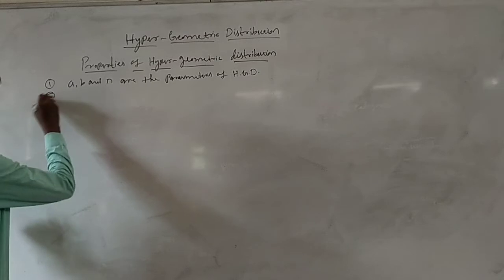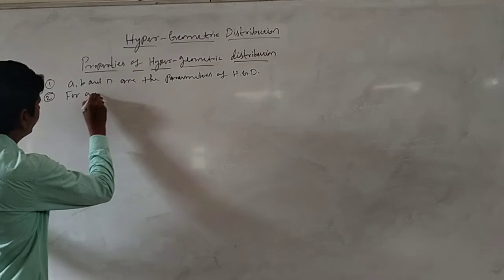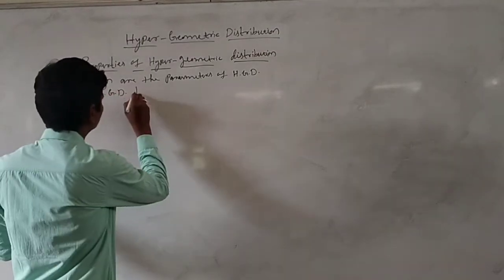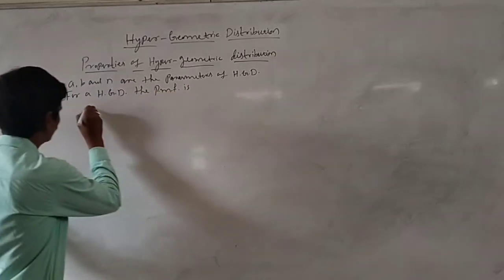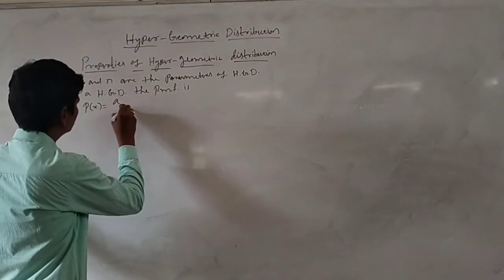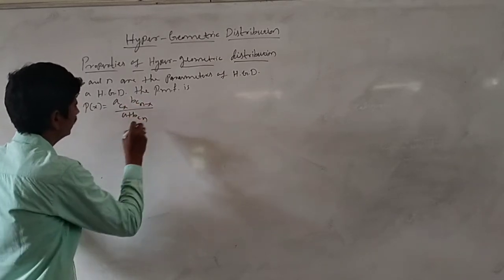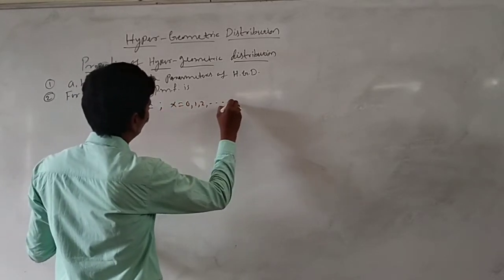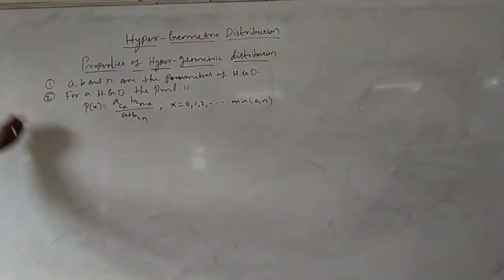Second property, for a hypergeometric distribution, the PMF is P of x equal to ACx BC(n minus x) divided by (A plus B)Cn, where x takes the values 0, 1, 2 and so on up to the minimum of A comma n.